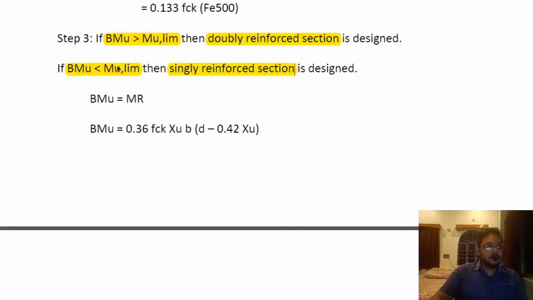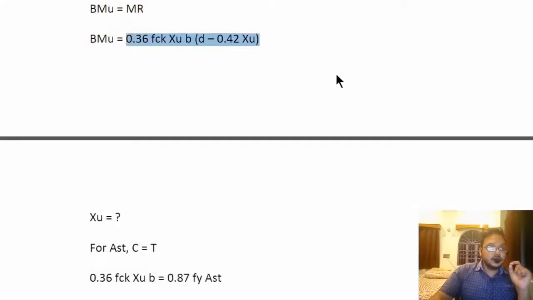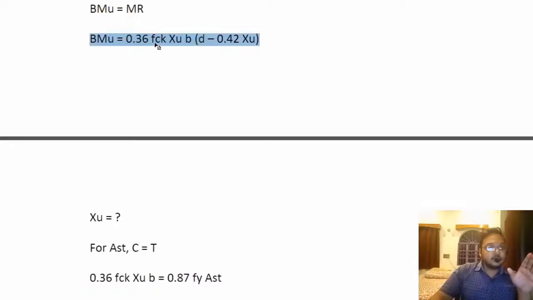So if BMU is less than MU limit, we design a singly reinforced section, considering BMU equal to MR, the moment of resistance of that section, given by 0.36 FCK XU B into D minus 0.42 XU. BMU is known to us, FCK will be known, and B and D, the dimensions of the cross section, will be known.